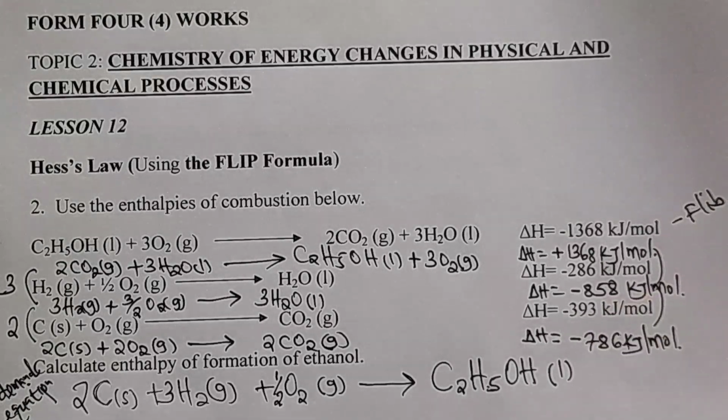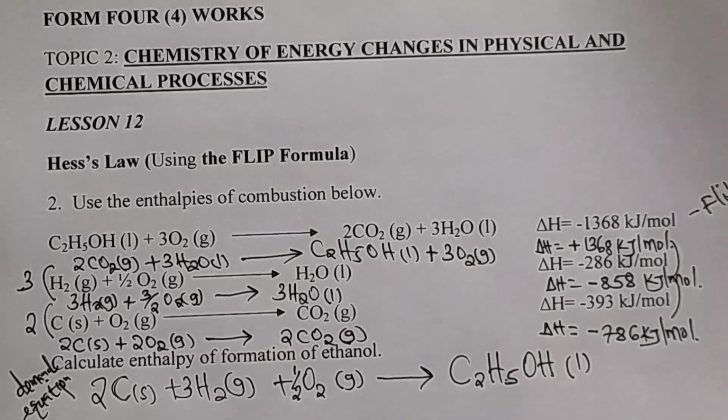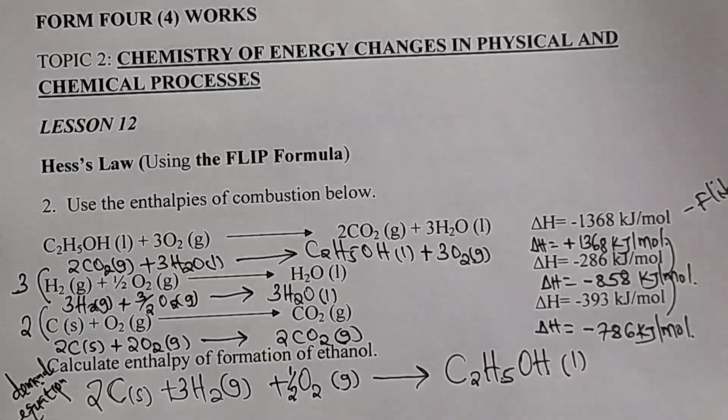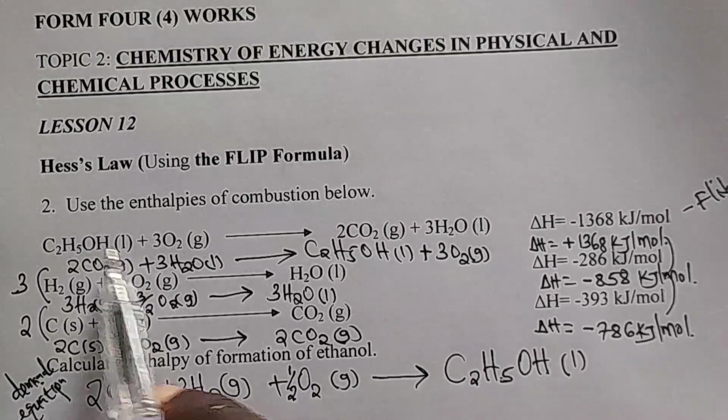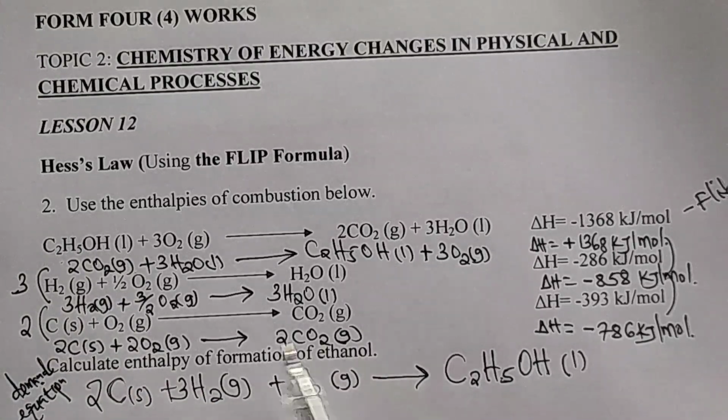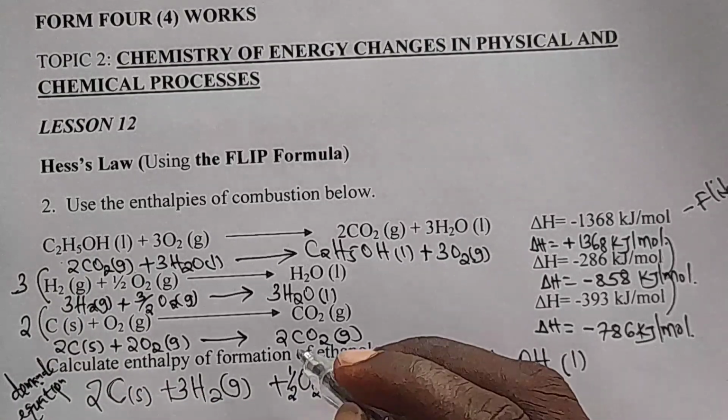So last step, let's just check our equations, the three equations that we have formed now. If you see a substance on the reactant side and the same on the product side, you are supposed to cancel it. You eliminate it.